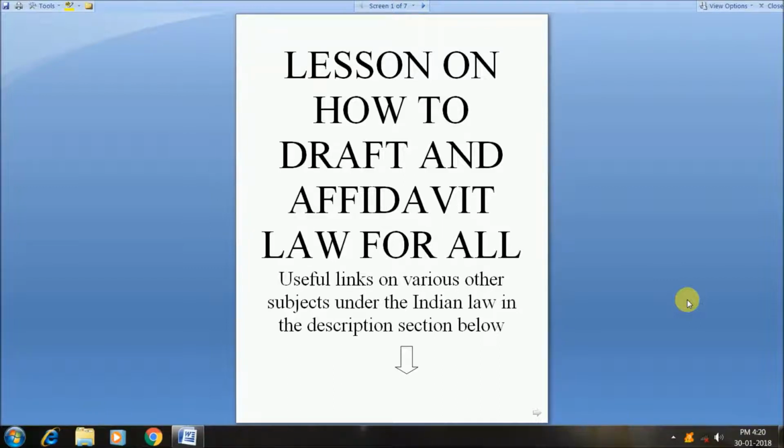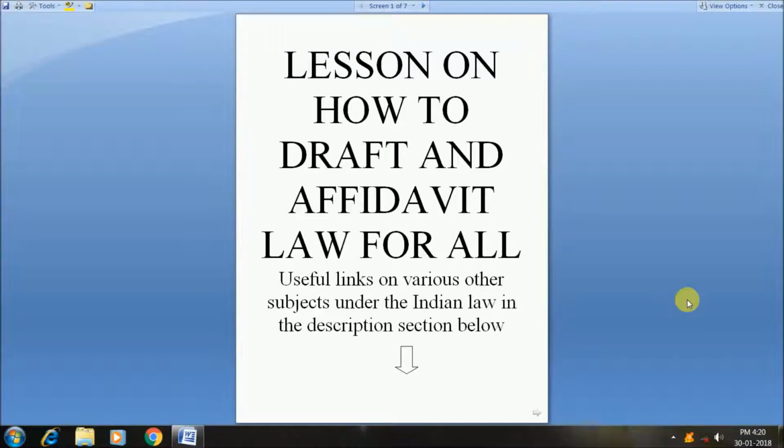Now, an affidavit that is to be filed before an authority, or any affidavit for that matter, as I've already pointed out, has to be sworn before an oath administering commissioner. That is, it will have to be either a notary, or an executive magistrate or the district magistrate or even the district judge, because some specific authorities have been given power to administer oath and execute affidavits.